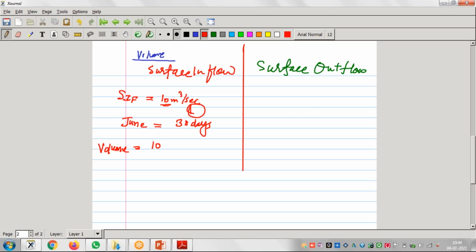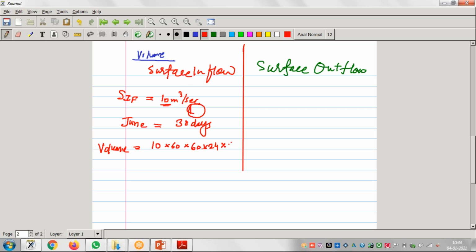So this 10 meter cube per second in 1 second means if I will multiply it by 60, I will get in 1 minute. If again I will multiply it by 60, I will get in 1 hour. If again I will multiply it by 24, I will get in 1 day.